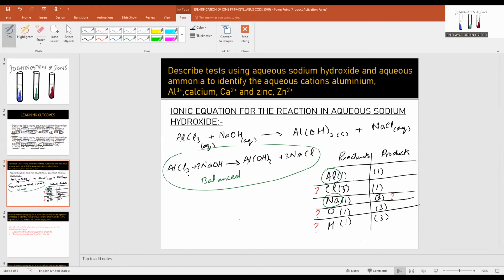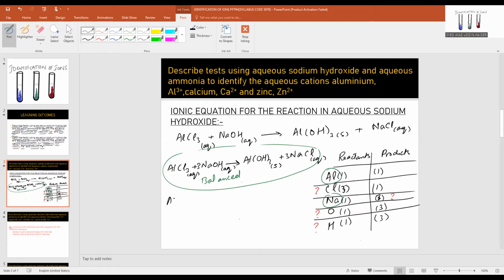You know the rule. You know that this is aqueous. This is also aqueous. This is solid, and this one is aqueous. But first of all, you write the ions for the aqueous state only.